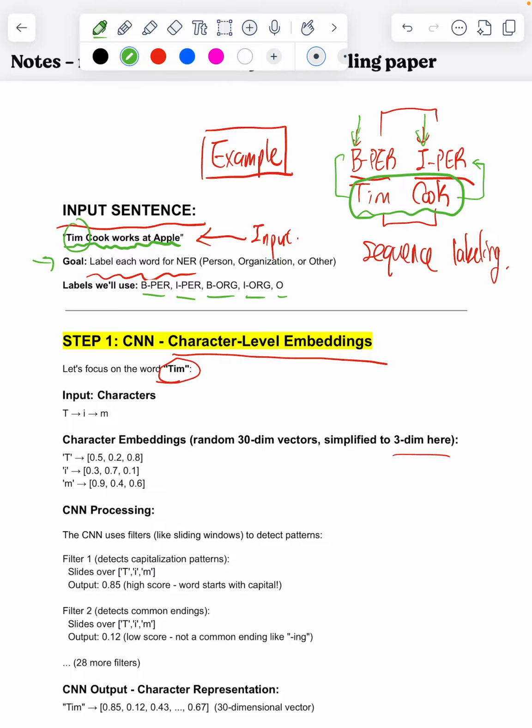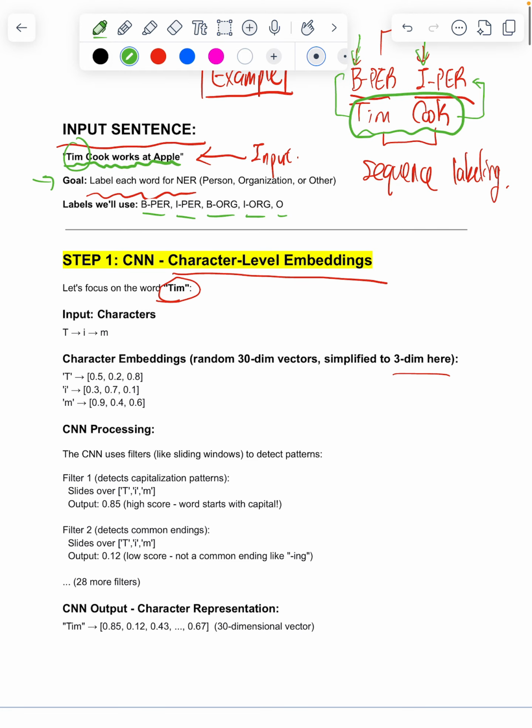Now for the first part, we have the CNN architecture for the character-level embeddings. If we focus on Tim, the input characters would be T, I, and M, and each would generate, let's say, a 30-dimensional vector, but I will simplify it to 3 dimensions here.